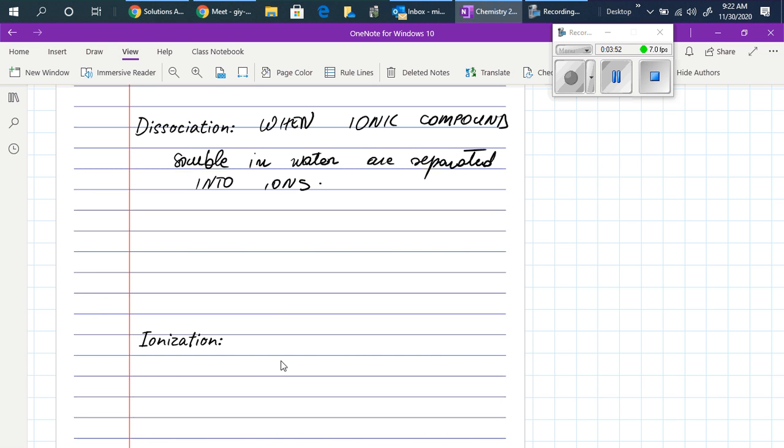Let's say we have table salt, which is sodium chloride, and when we put it into water, what we have there is sodium ion and chloride ion.